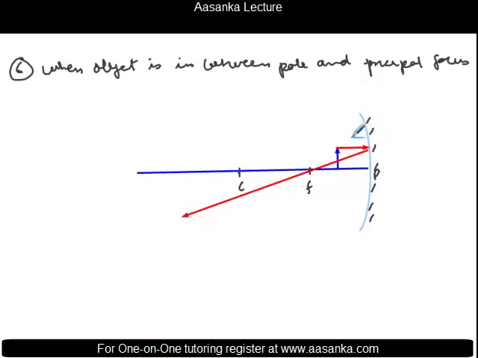The other ray that you can take will be through the center of curvature, and you know that if a ray passes through center of curvature, then it strikes normally like this. It'll go back through the center of curvature like this.